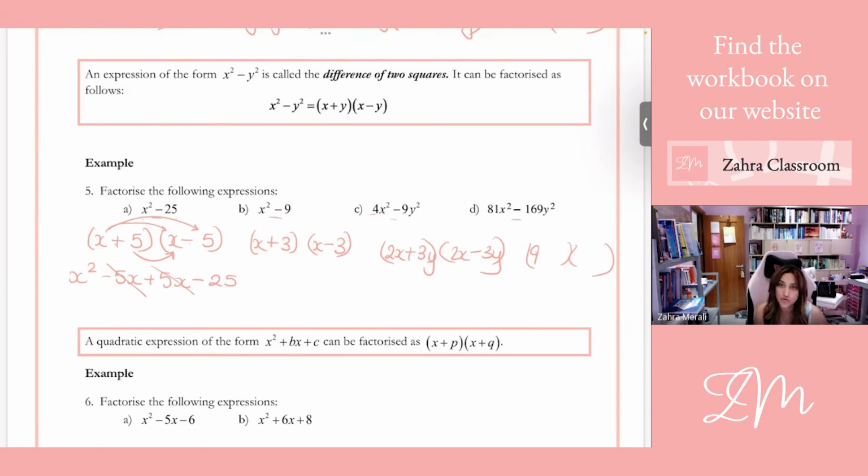Square root of 169, which gives you 13. Yes, you got 13x and 13y. Sorry, 9x and 13y, and a plus and a minus. Right. I know I've talked really fast through that, but if you have a look at the difference of 2 squares, it should make sense. You're literally following that rule.